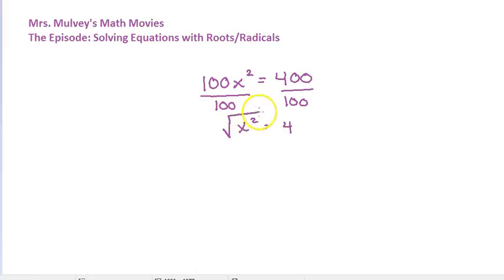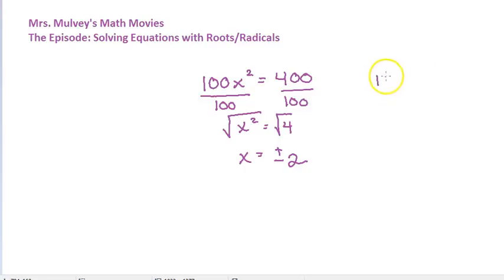If I take the square root of x squared, that leaves me with x. Now technically it's positive or negative x, but I'm going to take the positive or negative on the right side here. When I take the square root of 4, that gets me positive or negative 2. And so my value for x could be positive 2, it could be negative 2.